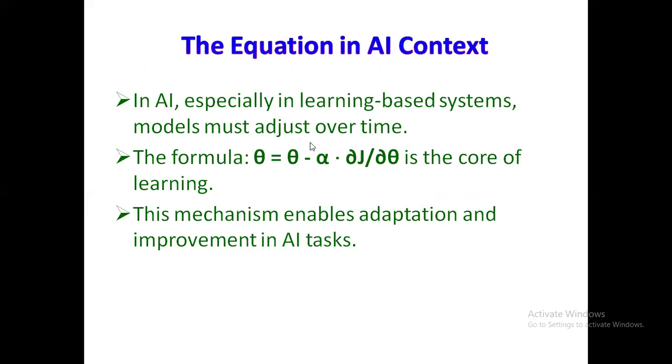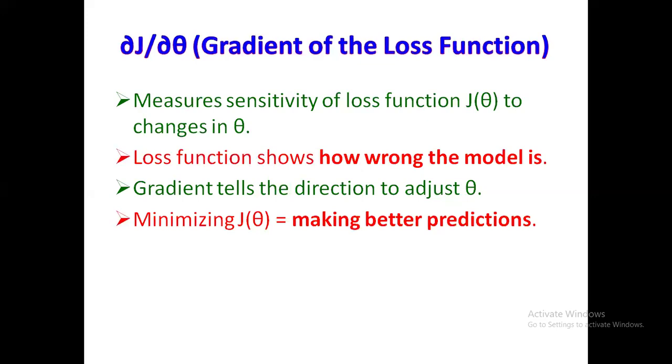Next, ∂J by ∂θ, we are calling it the gradient of the loss function. The term ∂J by ∂θ represents the gradient of the loss function with respect to the model parameters. This gradient indicates how sensitive the error, that is, the loss, is to changes in parameters.